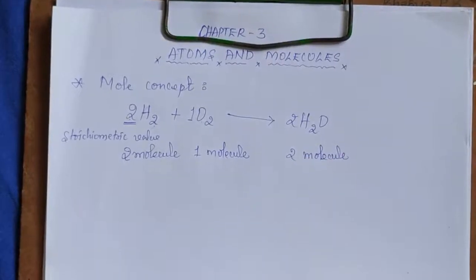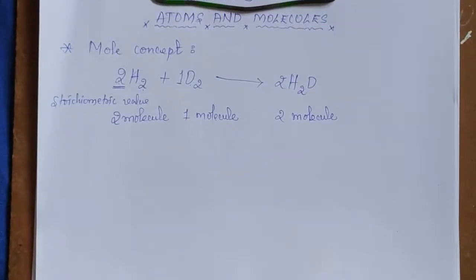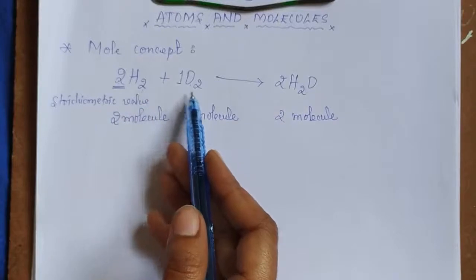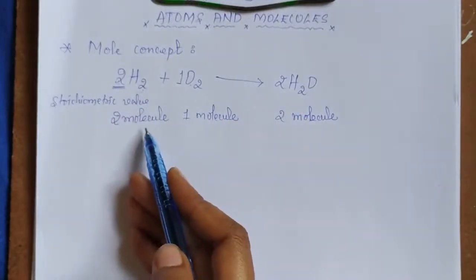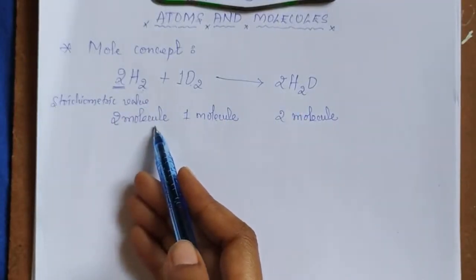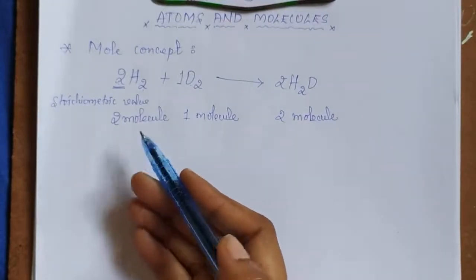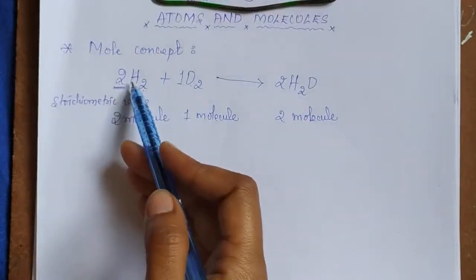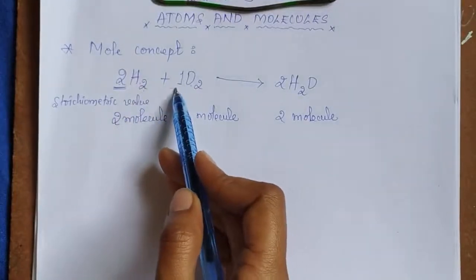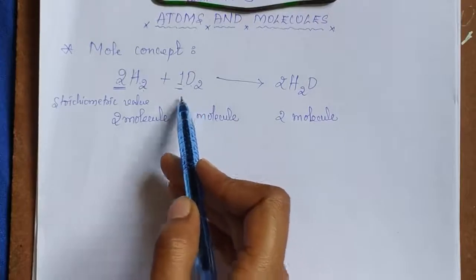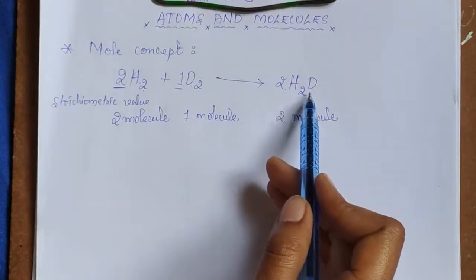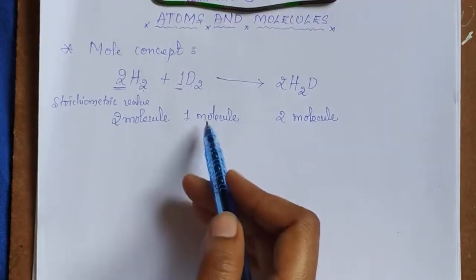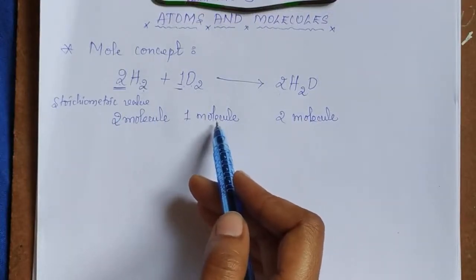Here we are expressing the quantity of reactants and products in terms of their number of molecules. Here 2 hydrogen molecules react with 1 oxygen molecule to form 2 water molecules.